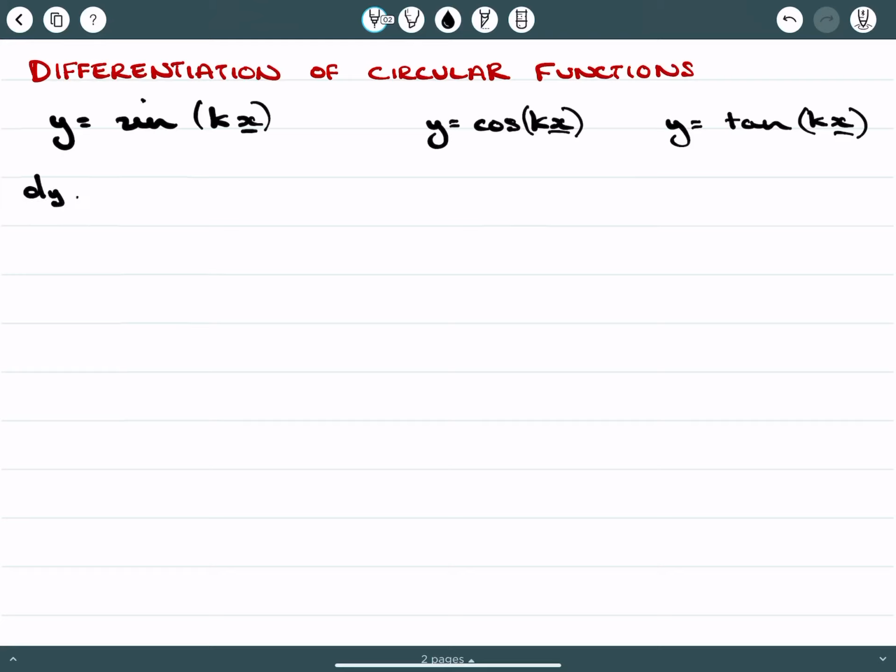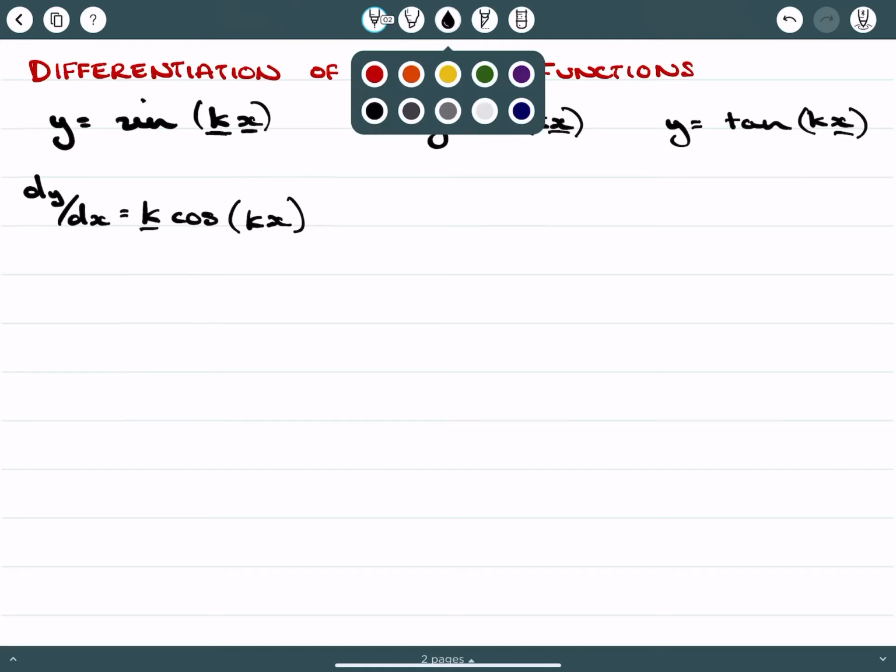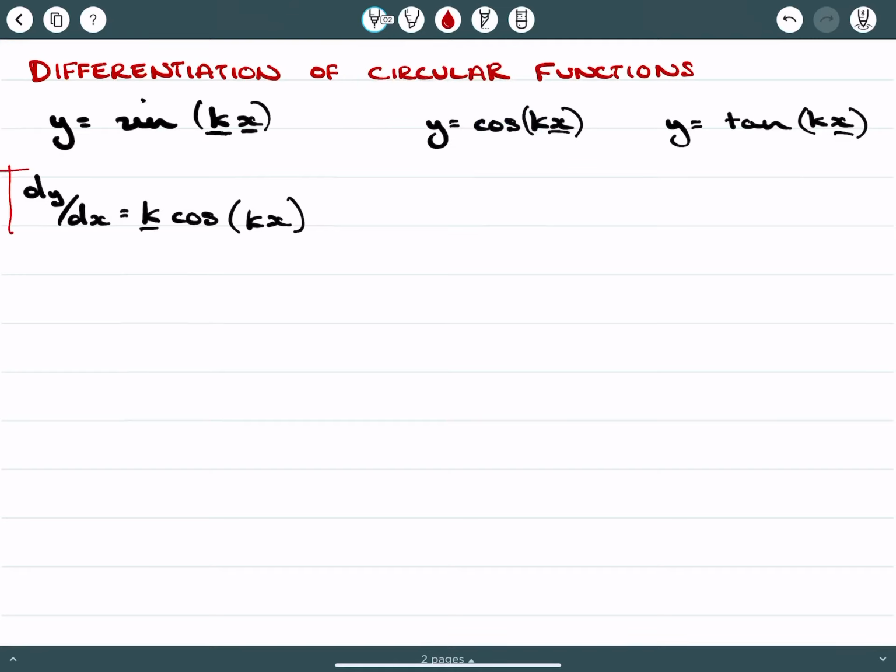When we're deriving sin(kx), we bring this coefficient k out the front and we say cos(kx). There's no change to the angle, but this factor of k determines a dilation of the derivative, and there's a reorientation in terms of cos. So this is our first rule that we must remember when we're differentiating sine.